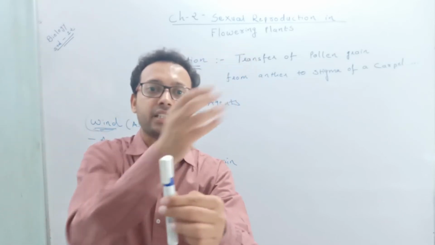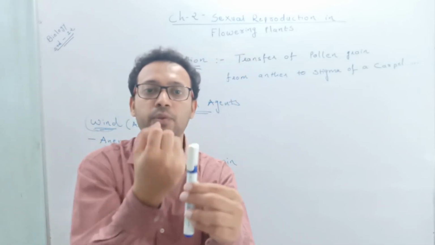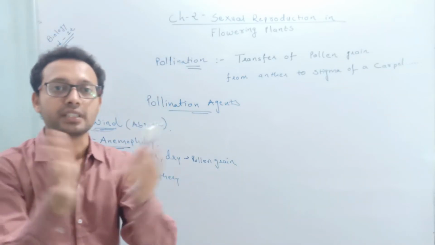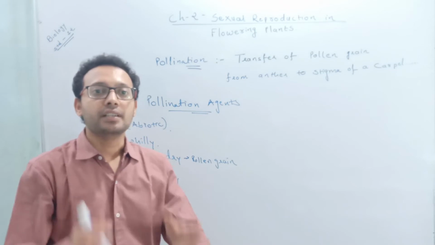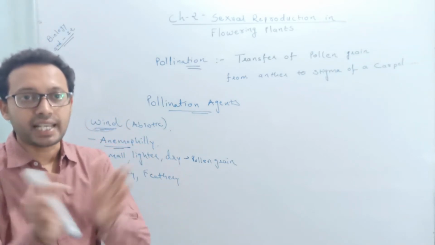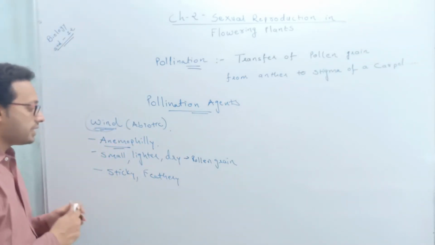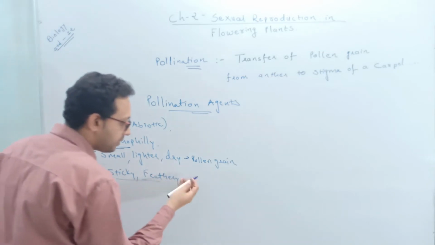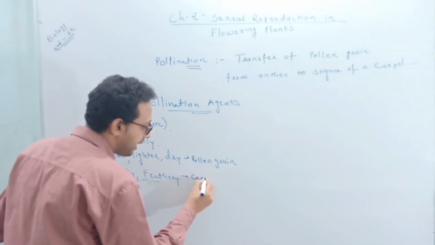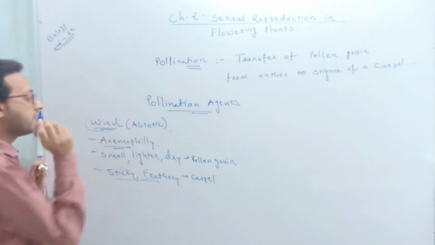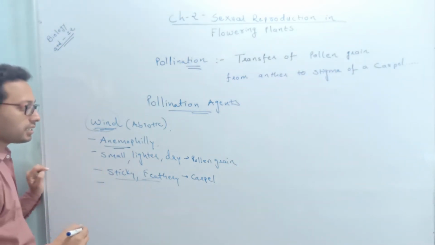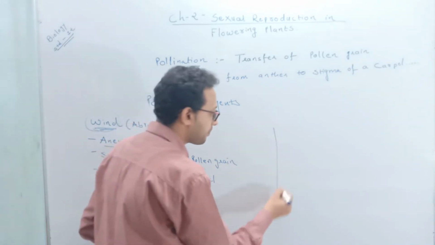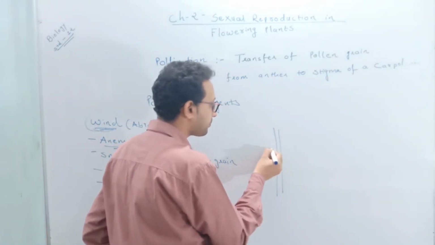The wind should not carry it. So it should be sticky, so it sticks the pollen grain. Or it should be feathery, so the pollen grain can get engaged in the feathers. This is a characteristic of the carpel of a plant that pollinates with the help of wind. Usually what happens in these cases, if you see the arrangement, suppose this is a plant.